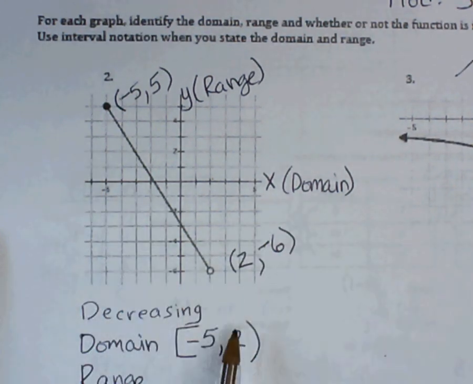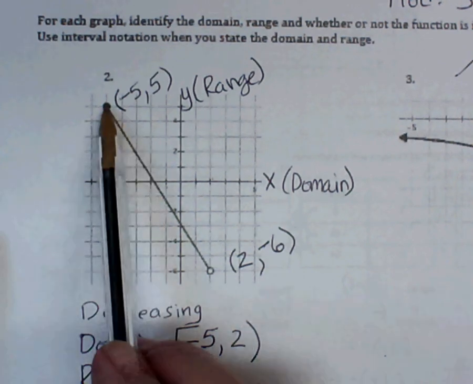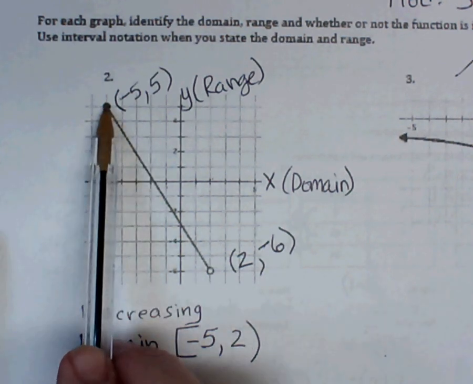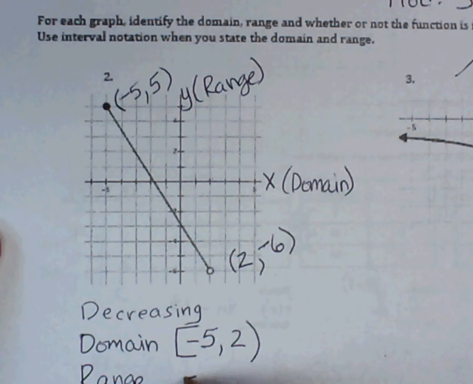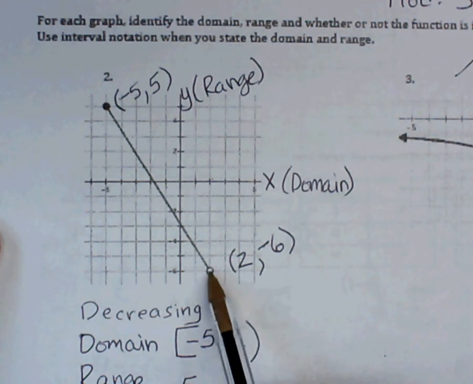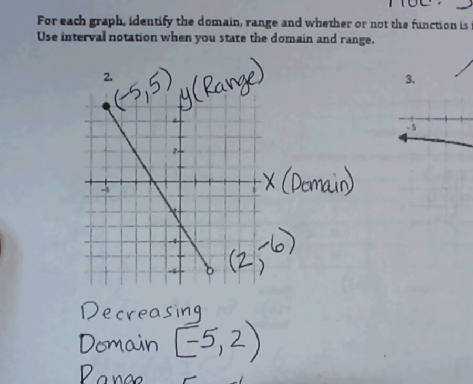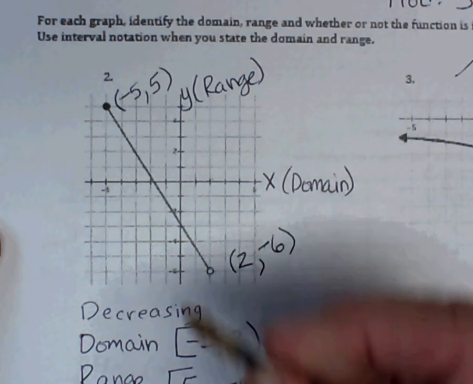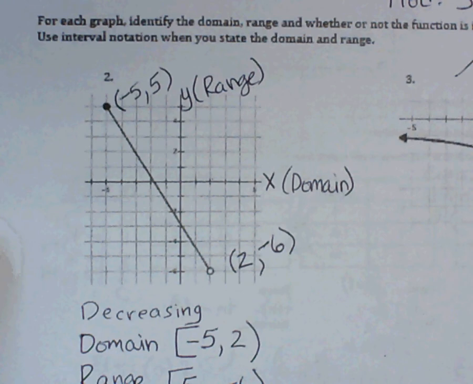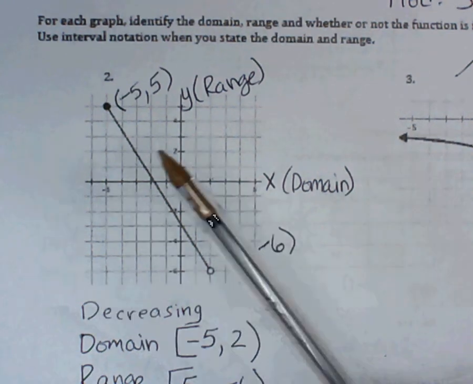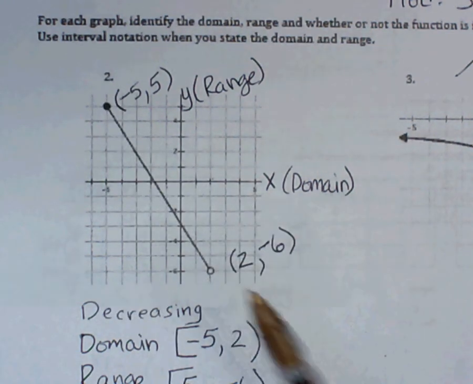Again, just looking at this decreasing function, here the y value was 5. And here the y value was negative 6. Closed dot, open dot. So this is a function that does not go on forever.